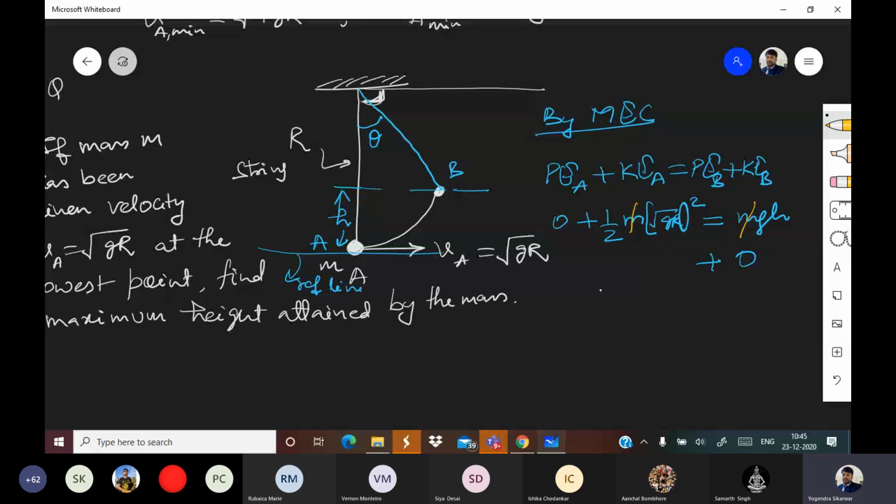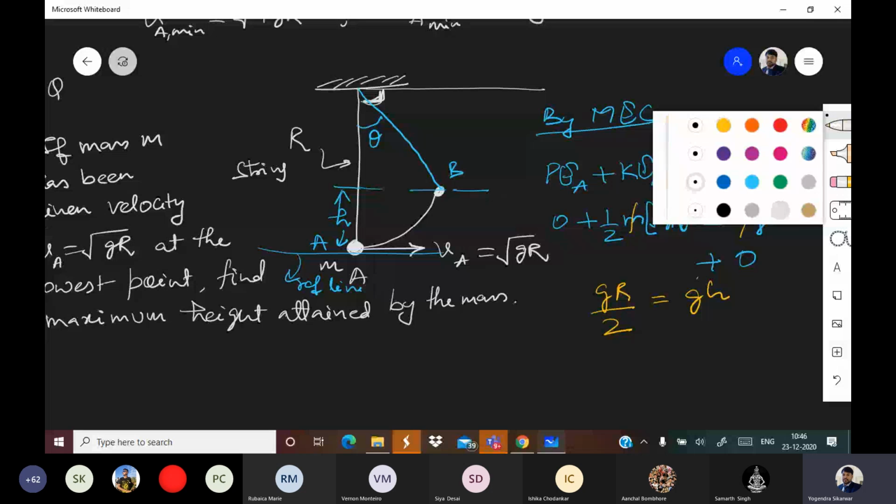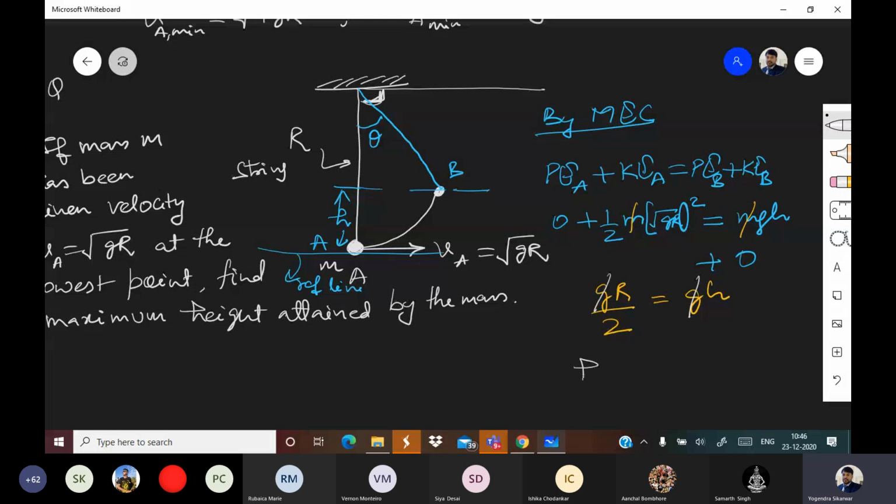GR by 2, because we have done the square, is equal to GH. So G got cancelled. H is equal to R by 2. This is the answer.